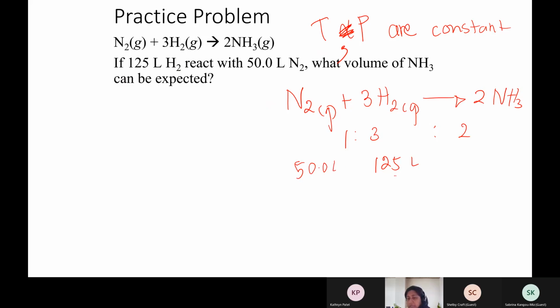If I use the 125 liters, how much should I receive for the ammonia? Then I would multiply 125 by the ratio 3 to 2. This is H2 and this is NH3. Then what would be the answer? I think you also do the math part.